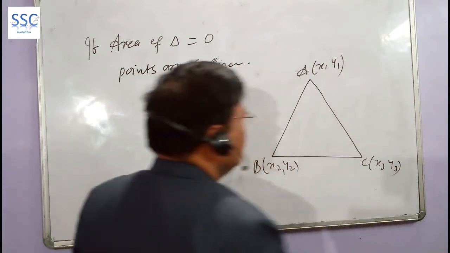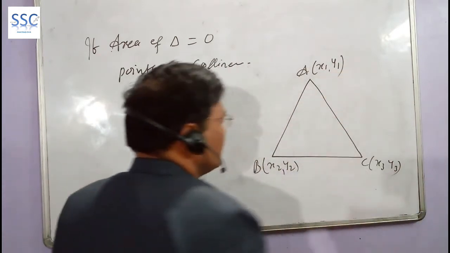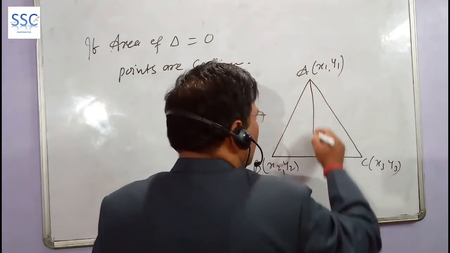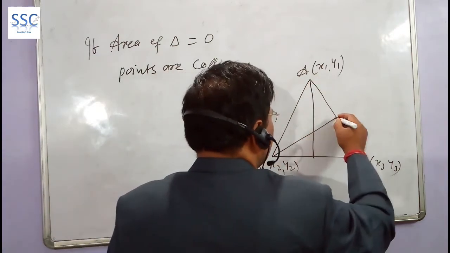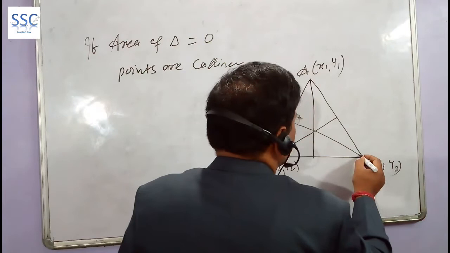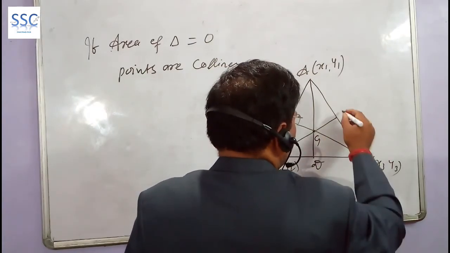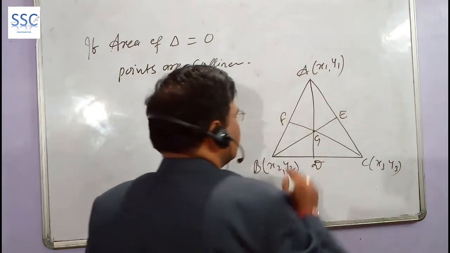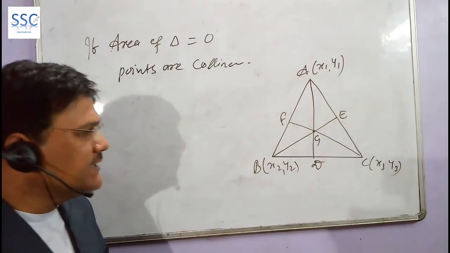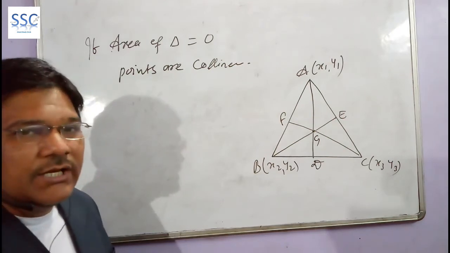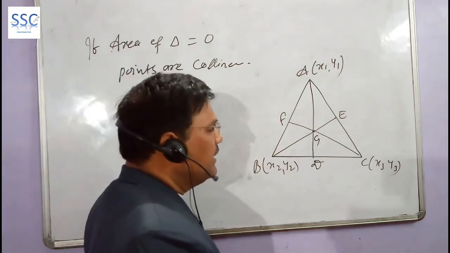What is the centroid? The centroid is the point where all the medians of a triangle intersect each other. Suppose AD, BE and CF are the three medians which intersect each other at point G. The centroid is point G. You have to find the coordinates of this point.